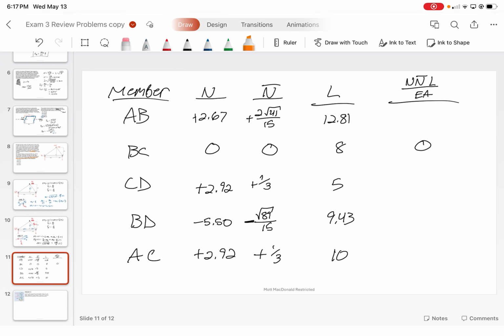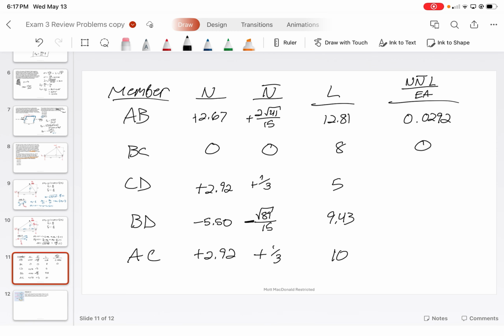Now, EA was specified as 1,000 kips. So that means that when we plug everything in, for example, 2.67 times 2 root 41 over 15 times 12.81 divided by 1,000, member AB becomes 0.0292.